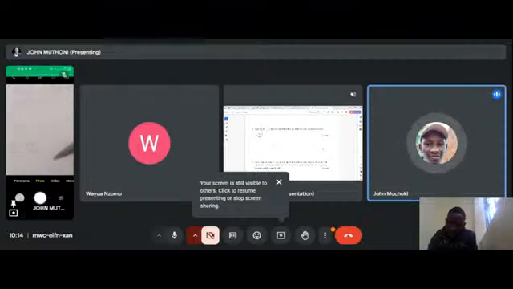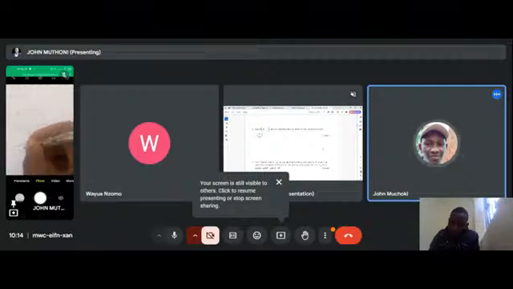Tukifika hapo, we can have the common denominator. So the LCM of 1 and y square is y square.